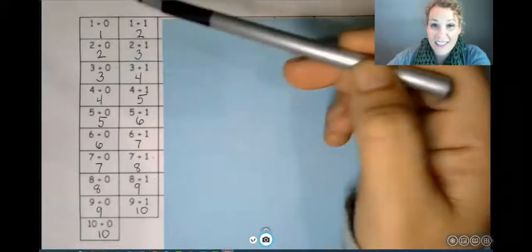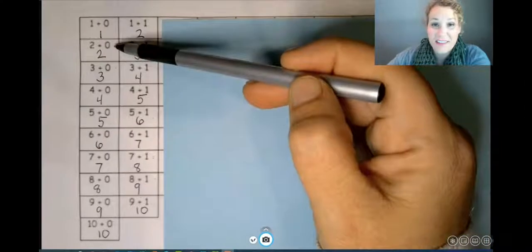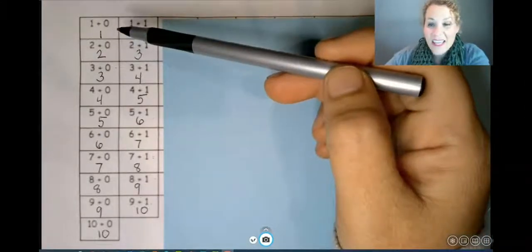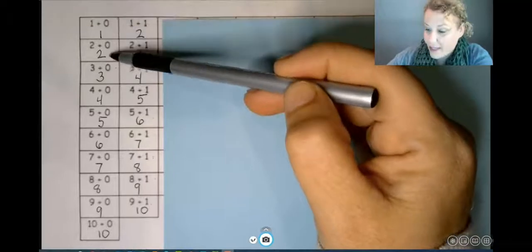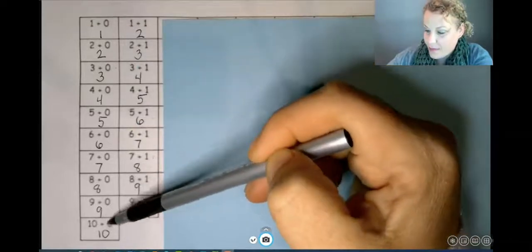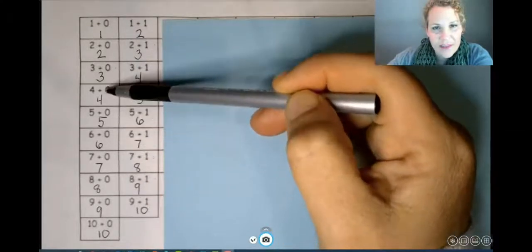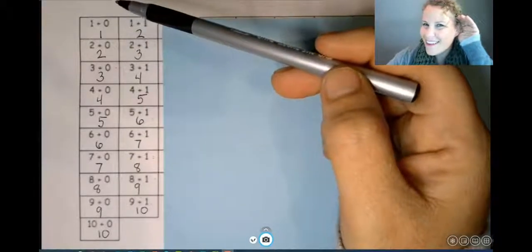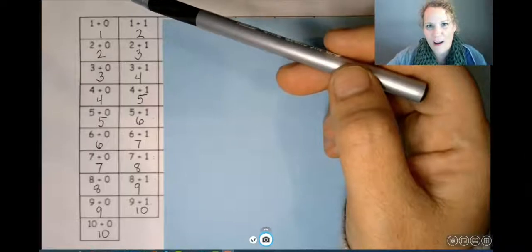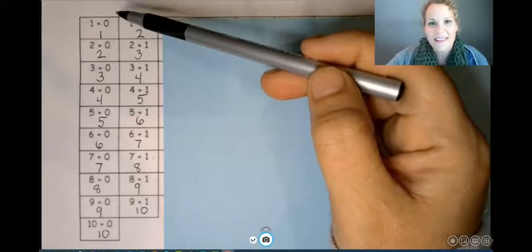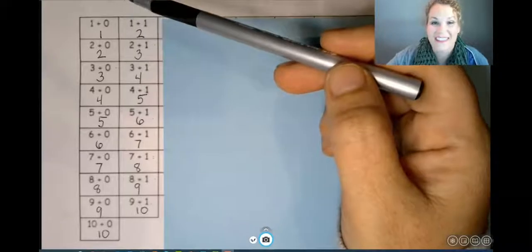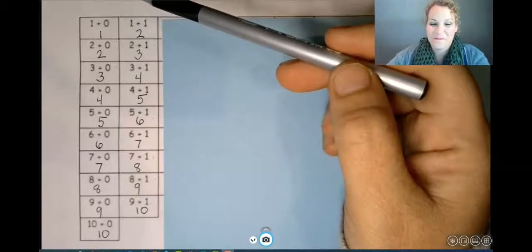The first addend doesn't change because it's just 0 bigger, which is the same. Is it true of all of the answers in this column that the answer is the same as the first addend? It is. So that's an awesome pattern. When you add 0 to a number, it doesn't change the number. It stays exactly the same.